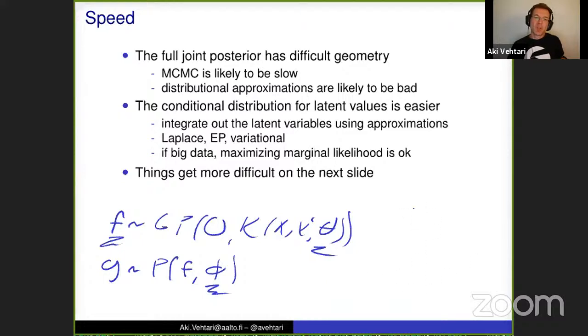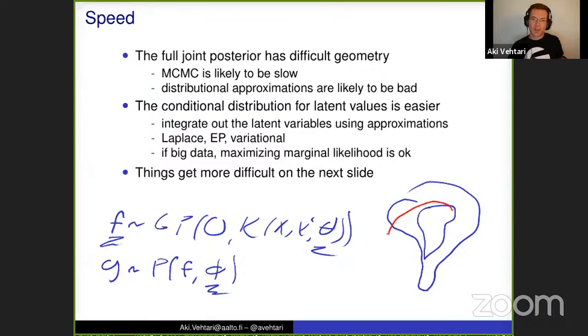These are likely to have funnel shapes, so it's not well approximated, for example, with a Gaussian, and actually these are likely to be even more complicated than just a simple funnel jointly. And there are a lot of correlations. So MCMC is likely to be slow, distributional approximation likely to be bad.